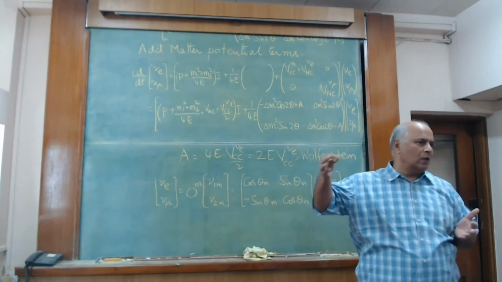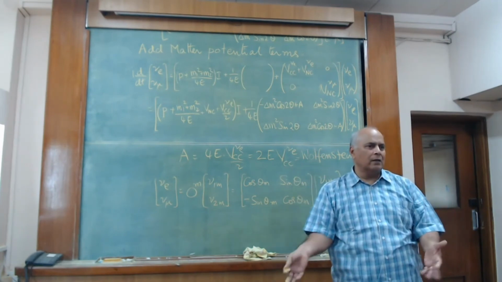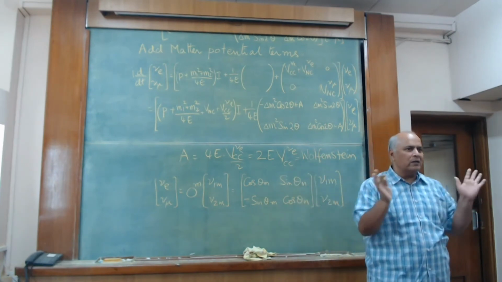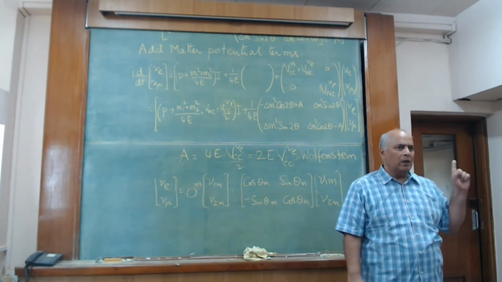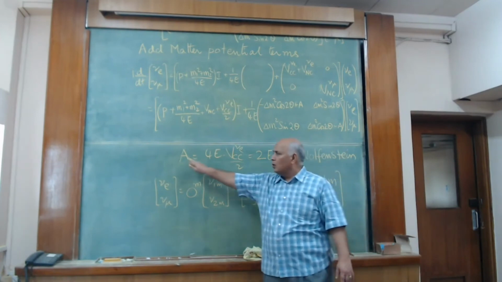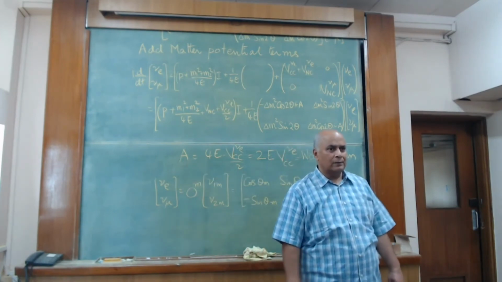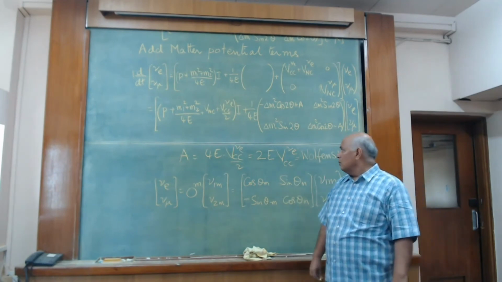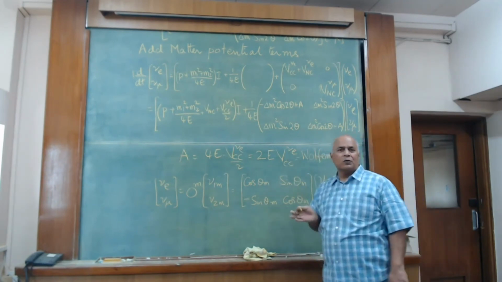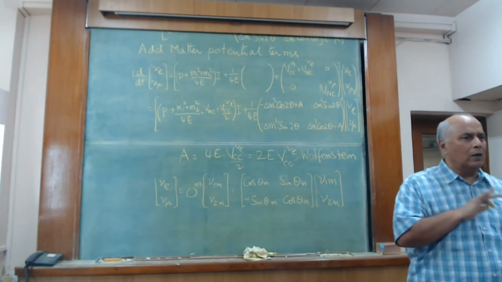Theta m depends on the original mixing angle and the mass square difference, but they are constants. In addition, theta m depends also on this Wolfenstein term A. Now, is this Wolfenstein term constant or not constant?